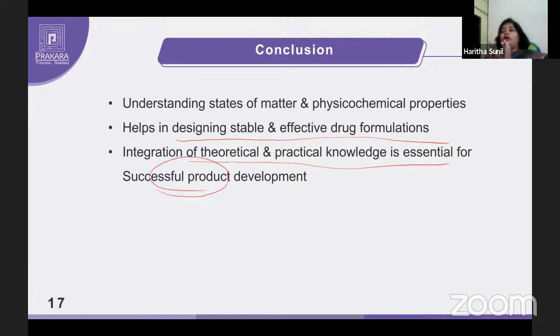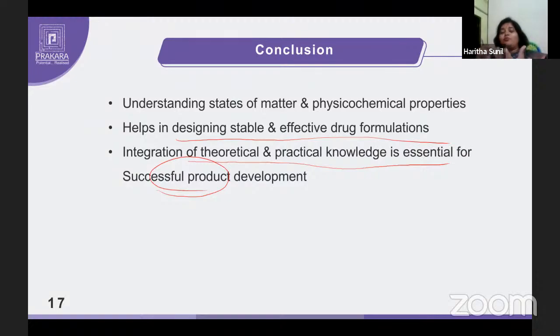That means it is not only that today you are listening to the class and tomorrow you are not applying the same in the practical, that it is of no use. So you have to combine the theoretical insights of phase transitions and ionization constant with practical techniques like XRD, DSC, and TGA. It helps in ensuring the successful development of the drug.